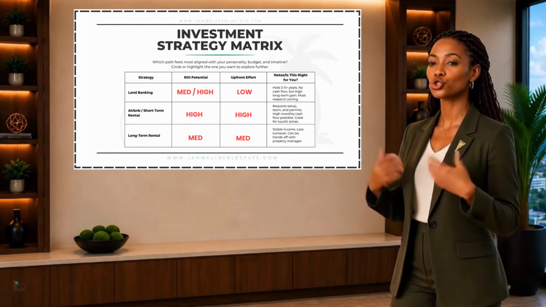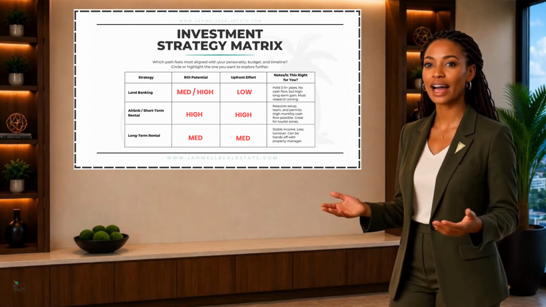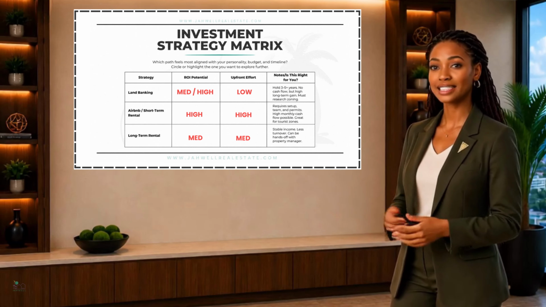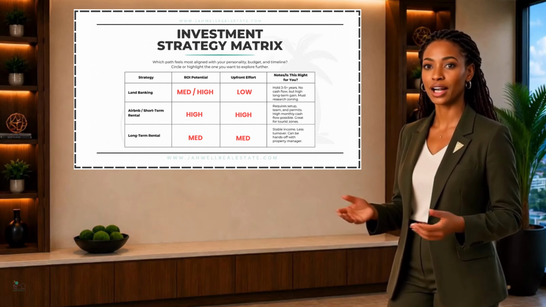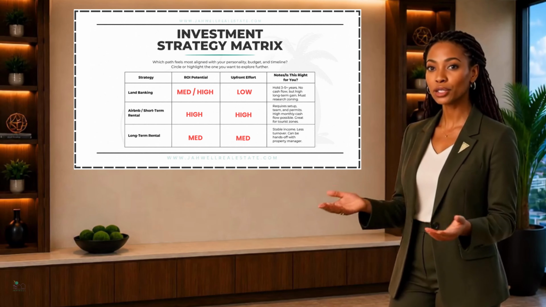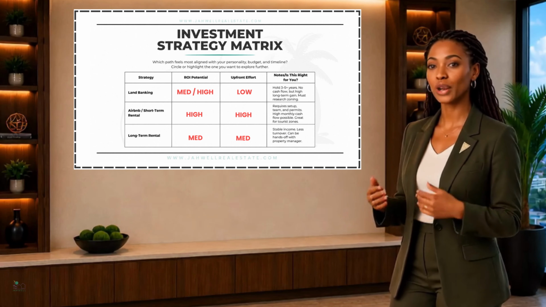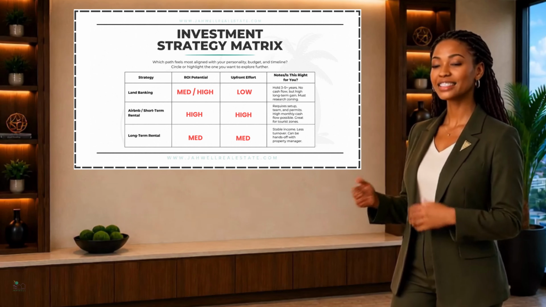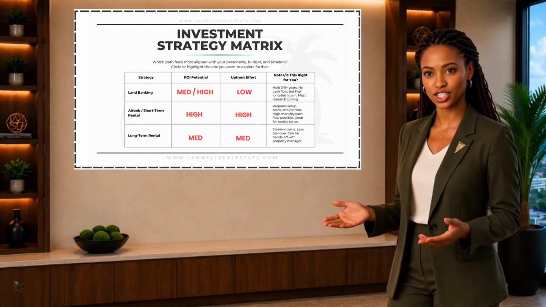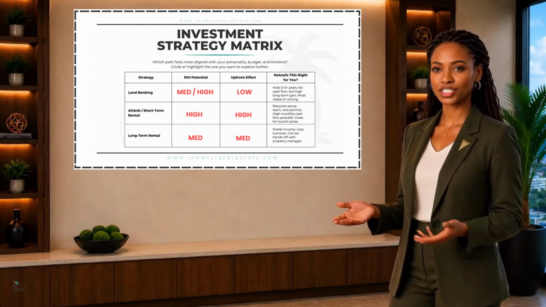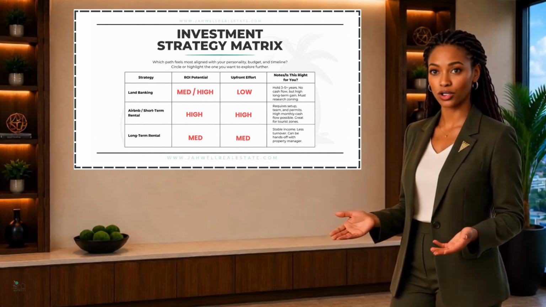The goal is to choose the strategy that best aligns with your financial goals, your lifestyle, and your comfort level as an investor. Take a moment to review the worksheet, then circle or highlight the strategy you'd like to explore further. This exercise will help guide your property search and keep your investment decisions aligned with your long-term goals.